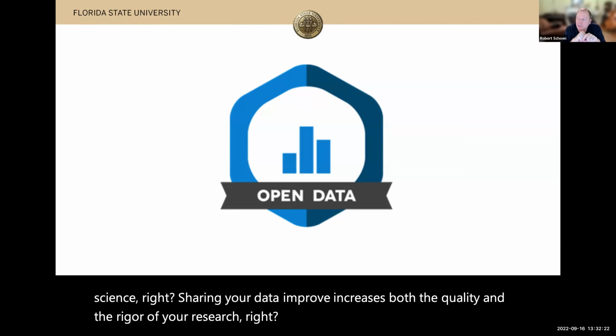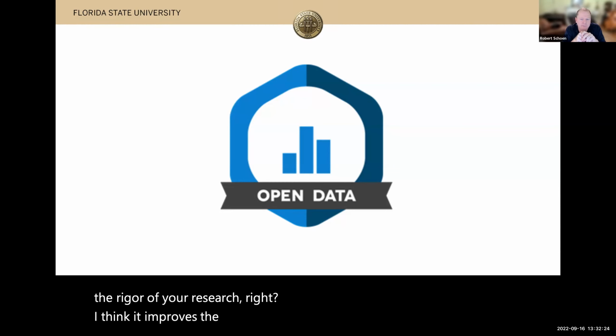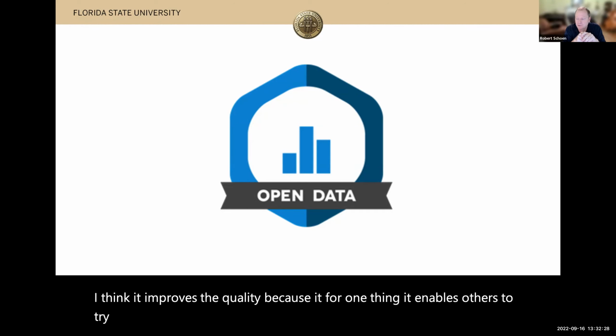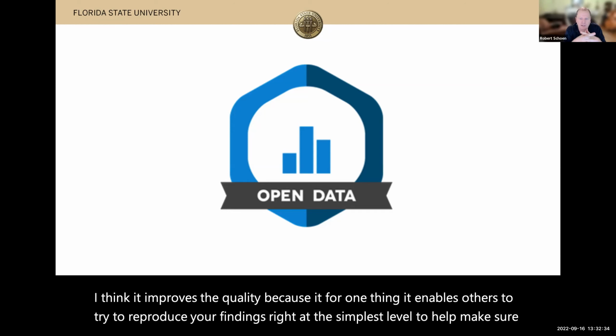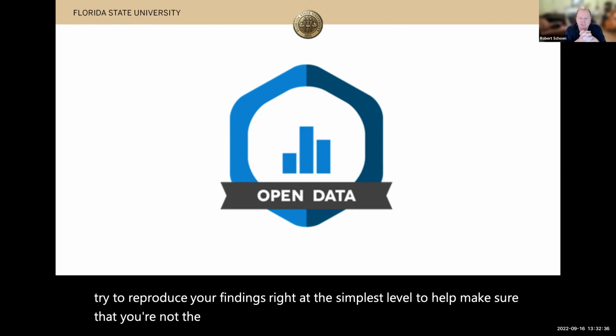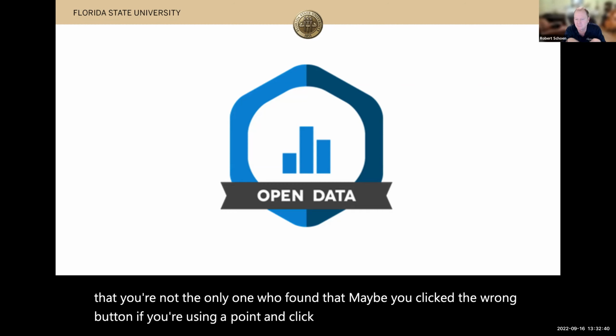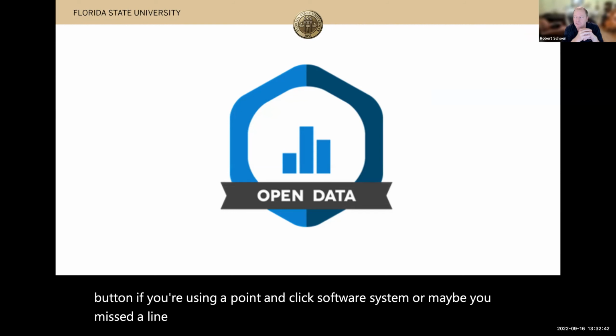I think it improves the quality because for one thing, it enables others to try to reproduce your findings, at the simplest level, to help make sure that you're not the only one who found that. Maybe you clicked the wrong button if you're using a point and click software system, or maybe you missed a line of code if you're using some other software system.